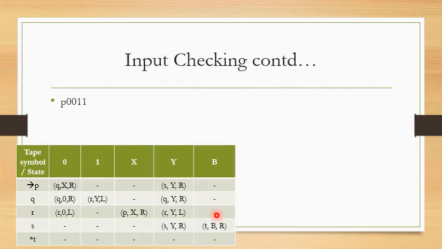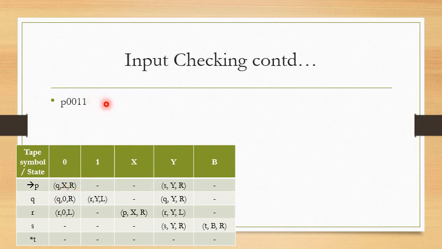I have made the transition table here for easy reference. This is the initial configuration, P0011. From P I am reading a 0. What does it mean? I will go to state Q, 0 will be changed to X, and the direction is right.